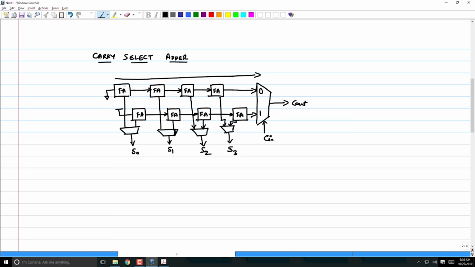So here I will call it FAC, which means it has only the carry out part. What I'll do is, instead of this whole multiplexer thing, you're going to get the carry out, right? I can again multiplex, get the actual carry out here, right? And then I'll create the sum block.